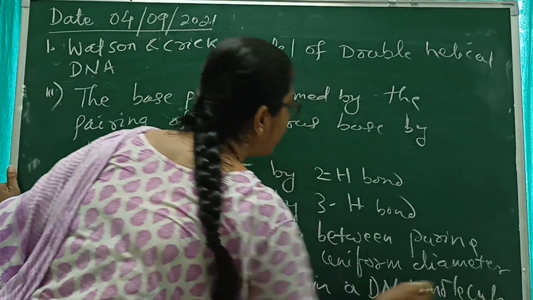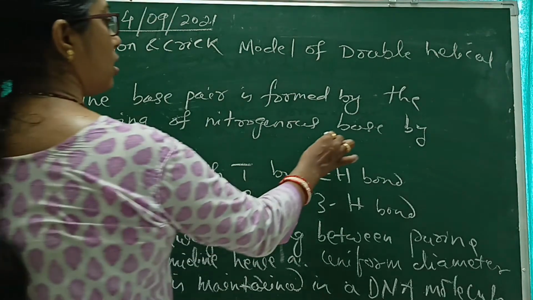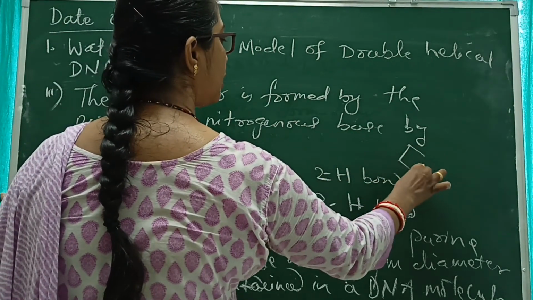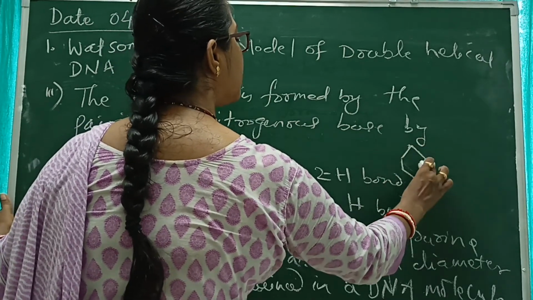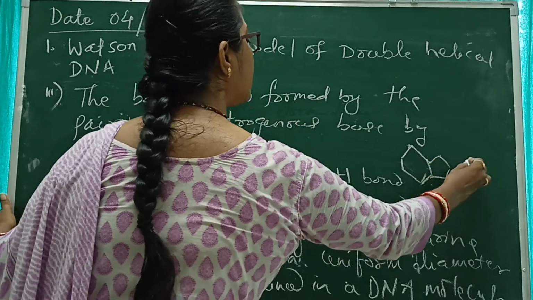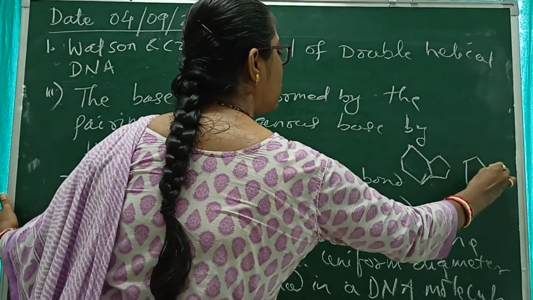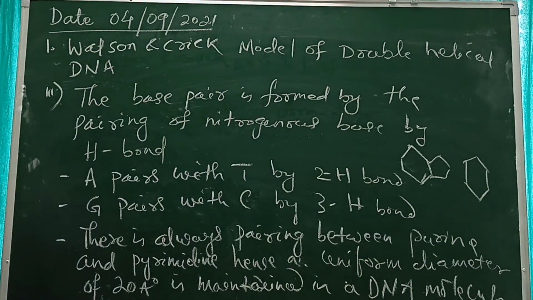You know that, children, purines are double ringed structures, okay, and pyrimidines are single ringed structures. So when there is a constant pairing between a double ring and a single ring structure, then the uniform diameter is maintained.